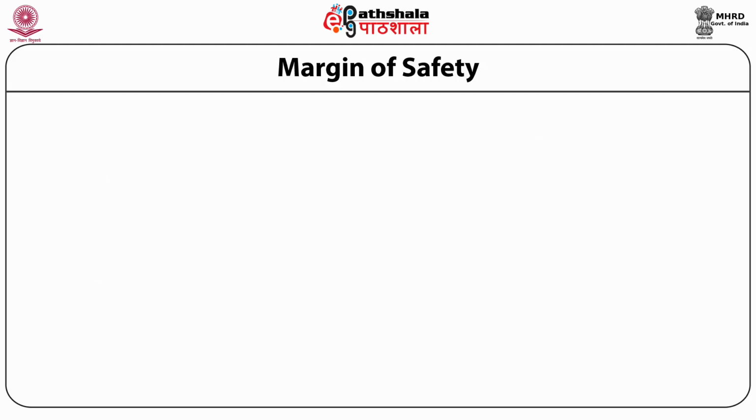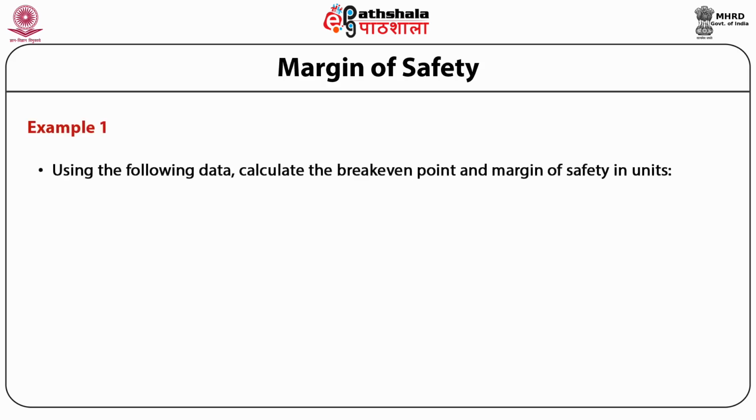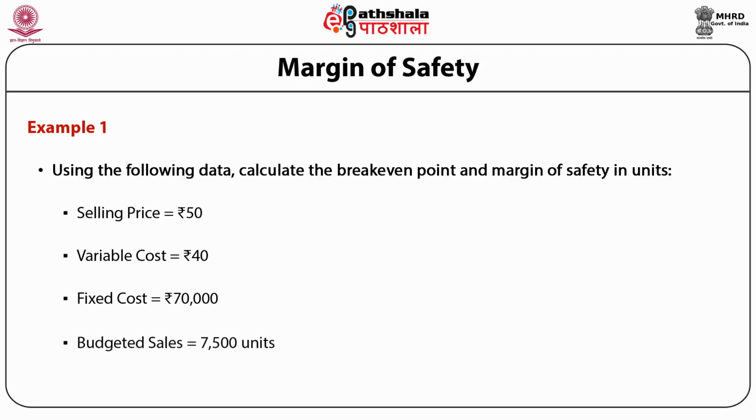Now we will understand how to calculate the margin of safety with an example. Using the following data, we can calculate the break-even point and the margin of safety in units. We are given selling price of 50 rupees, variable cost 40 rupees, and fixed cost of rupees 70,000, and our budgeted or actual sale is 7,500 units.